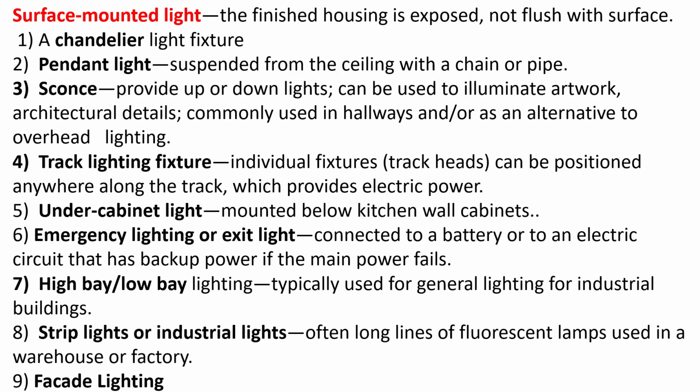Friends, the surface mounted light can be of many types. The finished housing is exposed, not flush with the surface. That may be a chandelier light fixture. It can be a pendant light suspended from the ceiling with a chain or pipe.